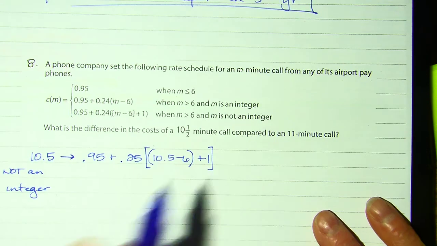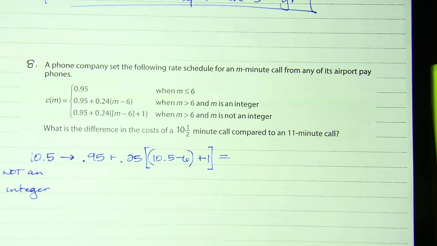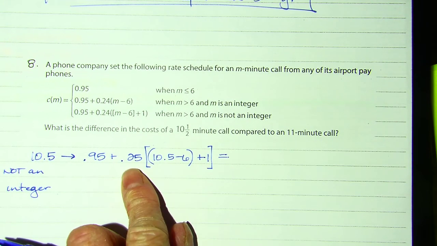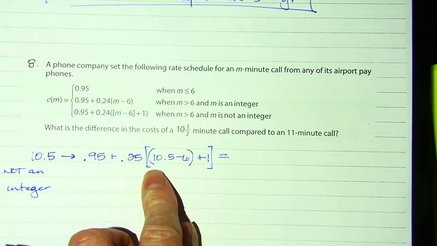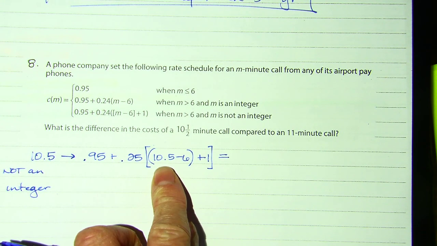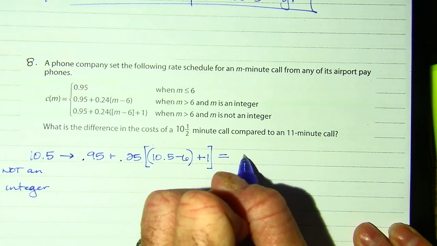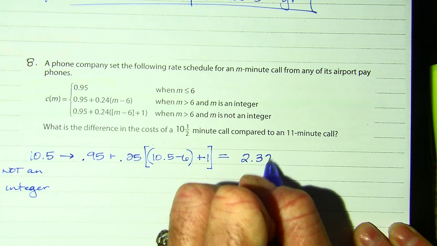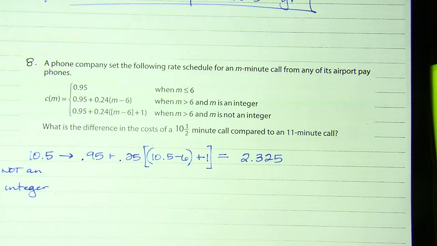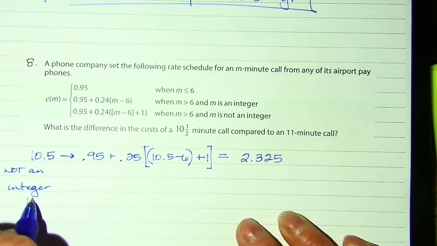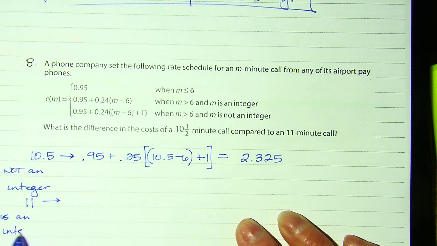Okay, so I'm going to enter this. So 0.95 plus 0.25 parentheses 10.5 minus 6 plus 1, and I get $2.3.25. Now let's try an 11-minute call. This is an integer because it's not a decimal.